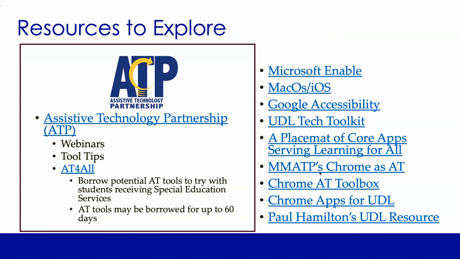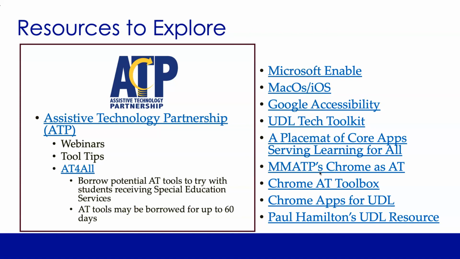The education side of things has a variety of supports for school-based personnel. These include access to a wide variety of webinars, tooltips. We also run a program within AT for All, which is our statewide assistive technology lending site.